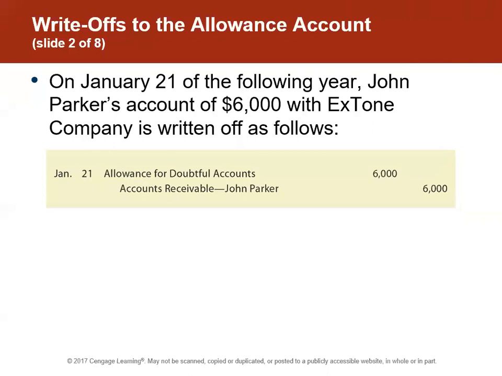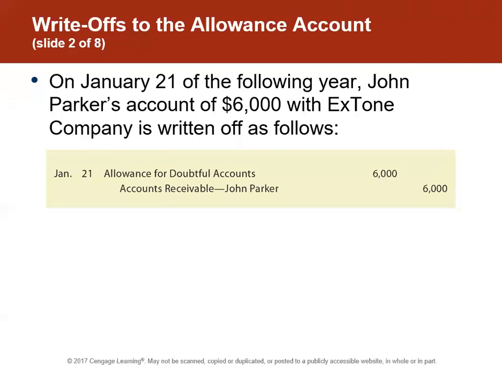Because your total accounts receivable as of December 31st was what, 200,000. Well, you credited accounts receivable right here. Okay. So we're really just moving it from allowance for doubtful accounts and taking it out of accounts receivable.